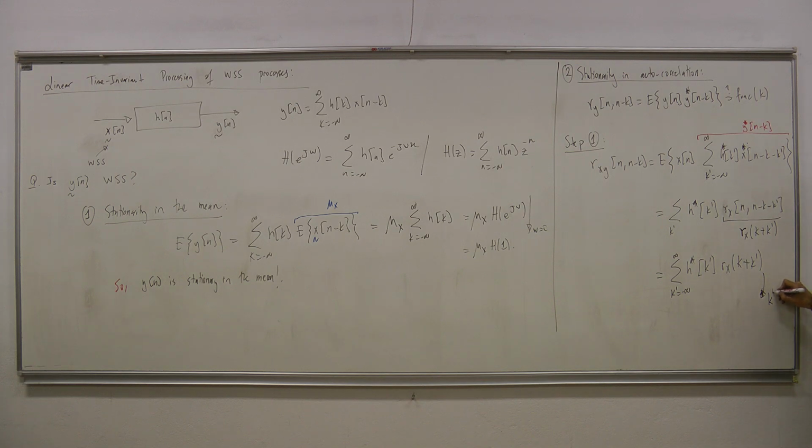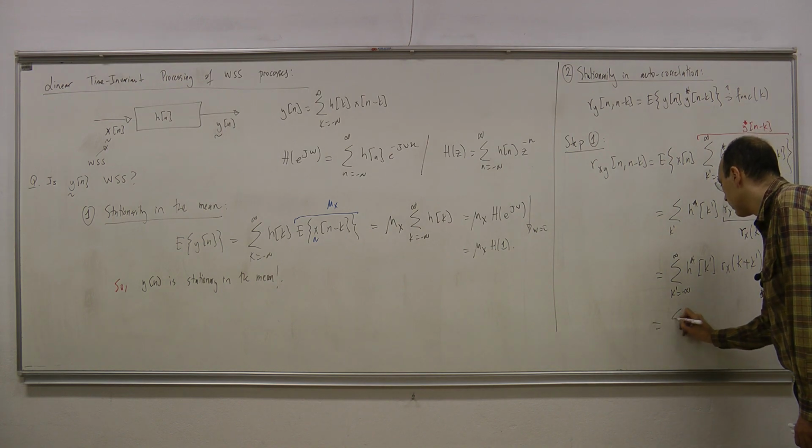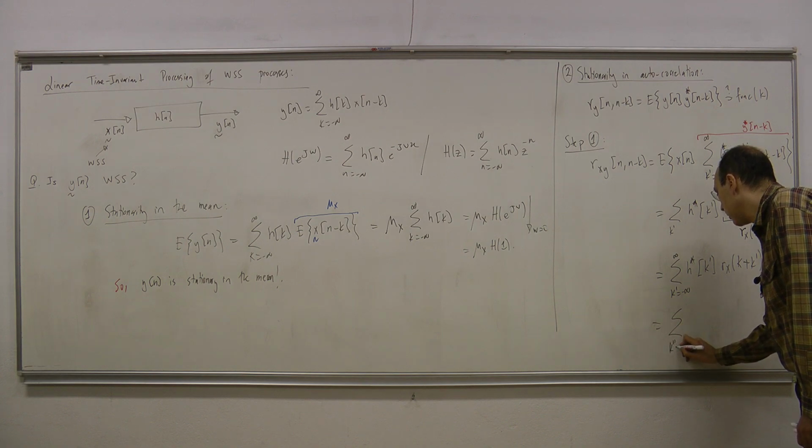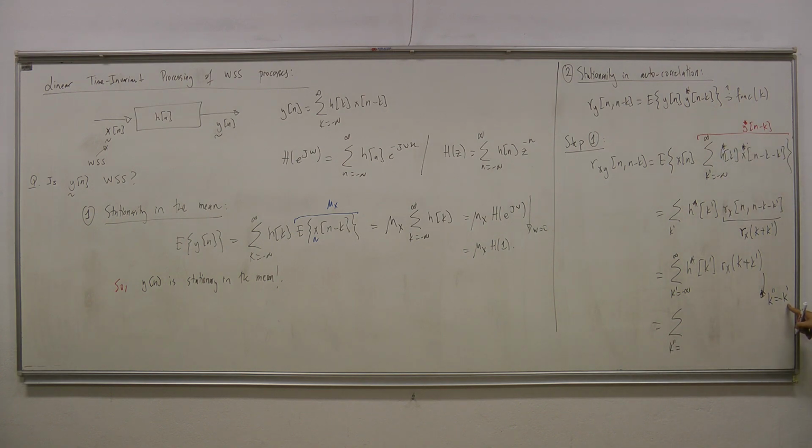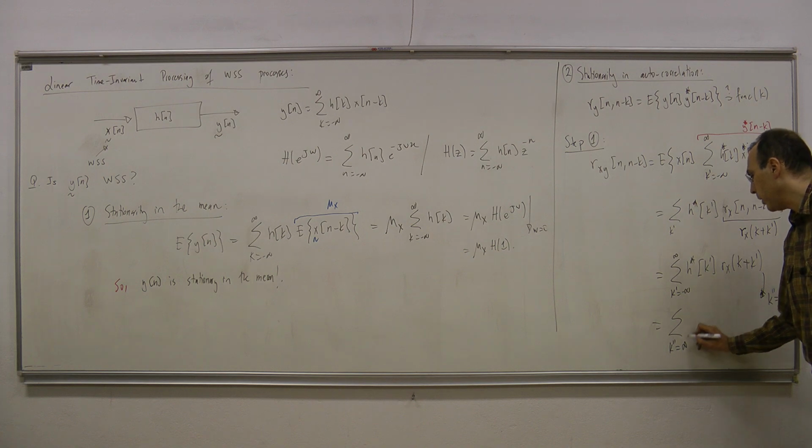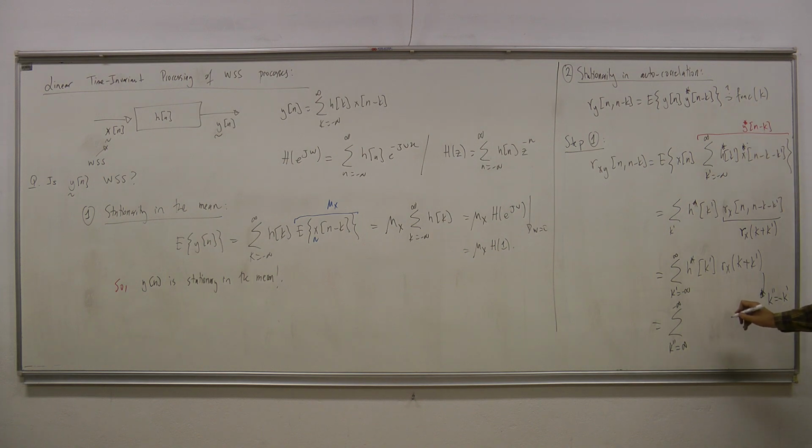So let me write this, to make it look like a convolution, let me introduce, you know, because this will be k minus dummy variable, then k double prime, so minus k prime. So this will be ranging from infinity to minus infinity. So h conjugate of minus k double prime, Rx of k minus k double prime.